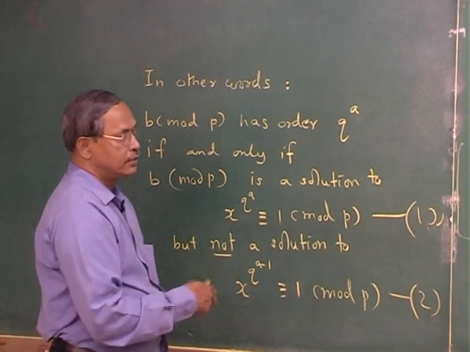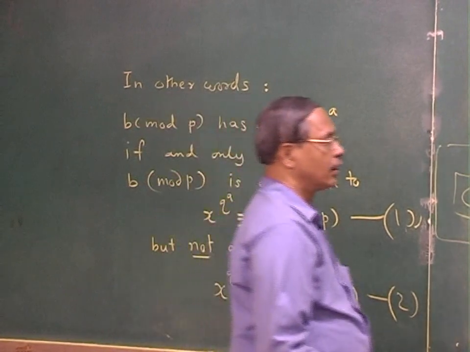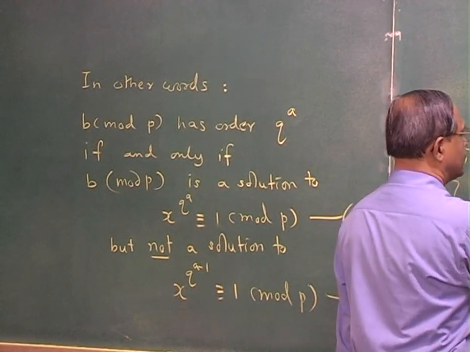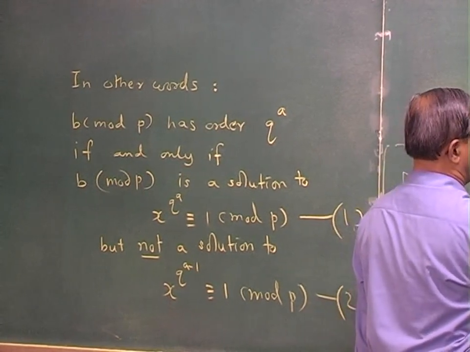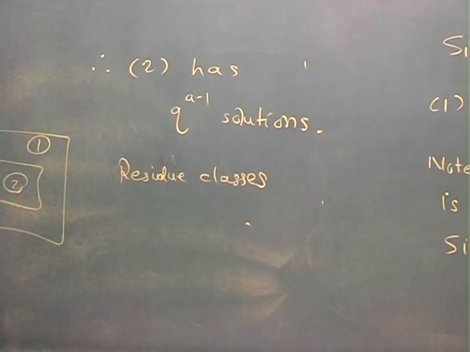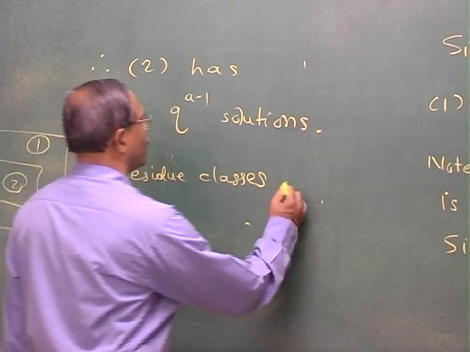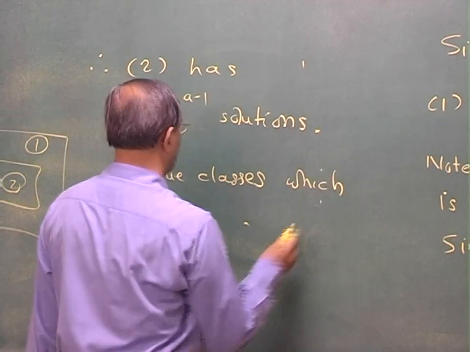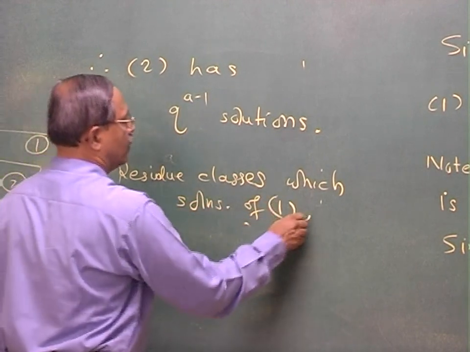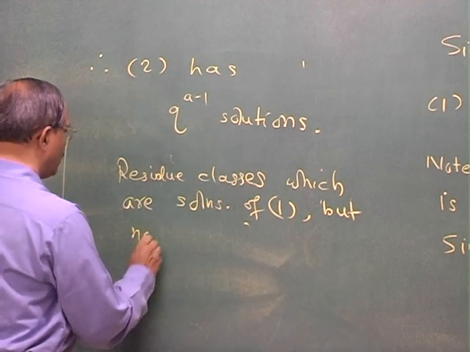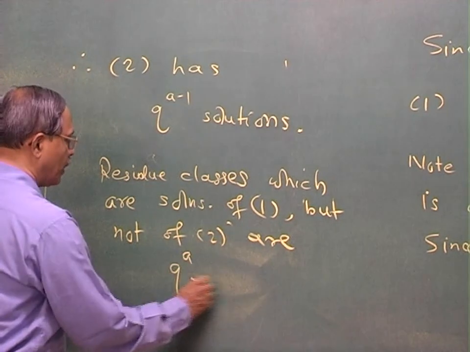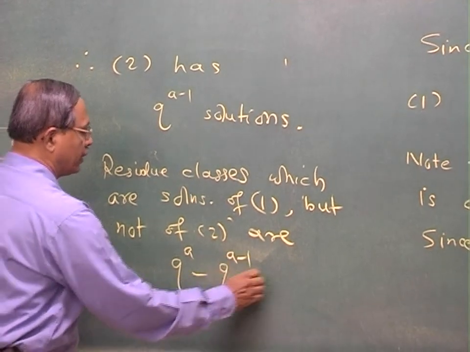So such residue classes, or elements from any reduced residue system which are solutions of 1 but not of 2, are how many? q raised to a minus q raised to a minus 1 in number.